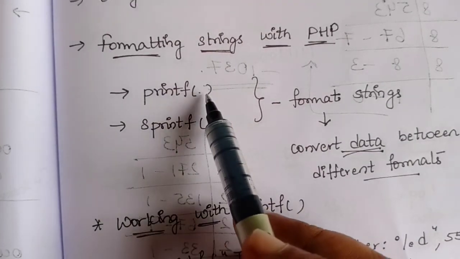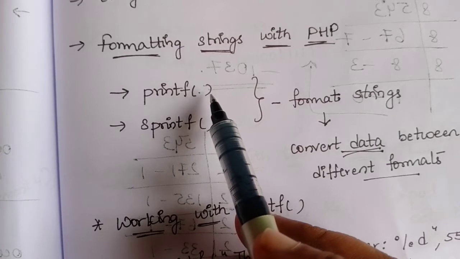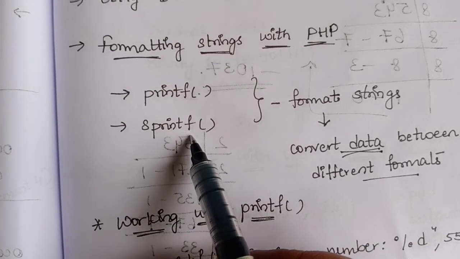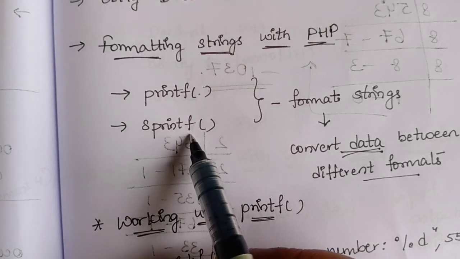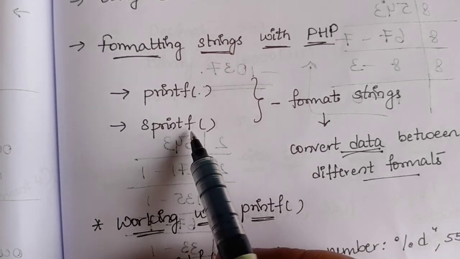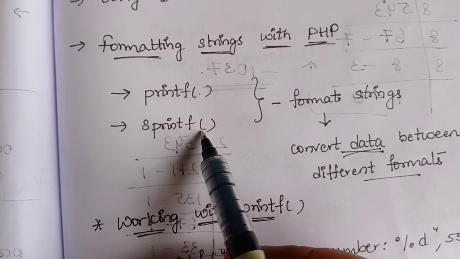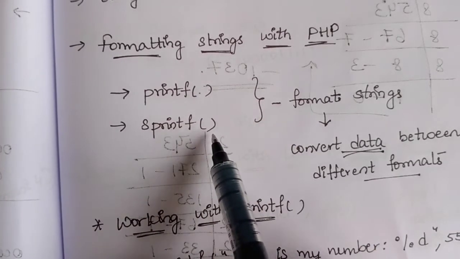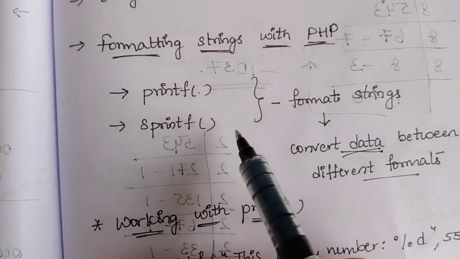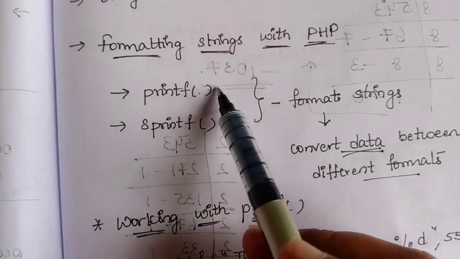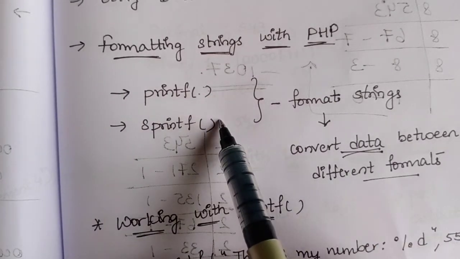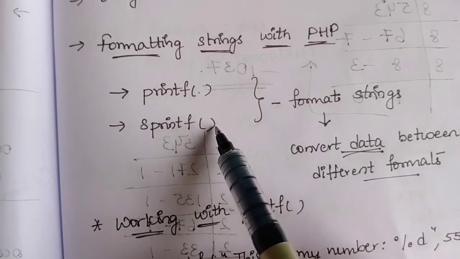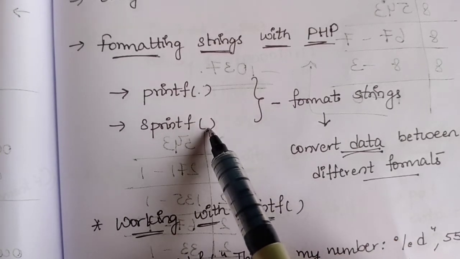Printf is used to output the data, whereas sprintf is a function which is used to store the output data in some variable, which is useful for later use.